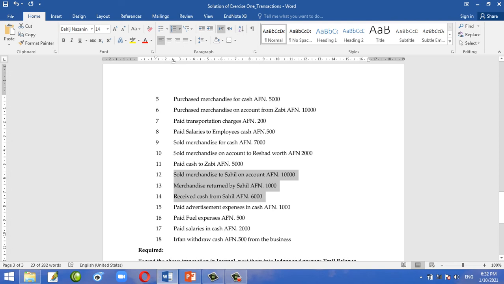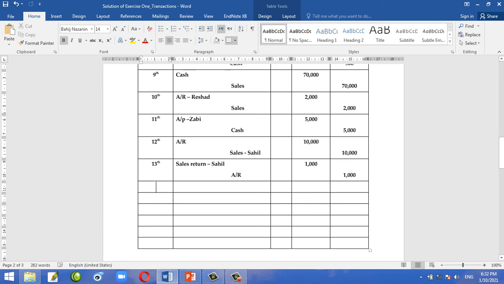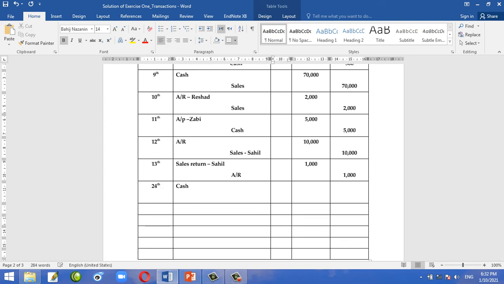On the 14th of October, for example, that is an example, Sahel gave the money back to our organization worth 6,000 Afghanis. So here we can record that we have received cash from whom? From Sahel. You can write accounts receivable, Sahel.